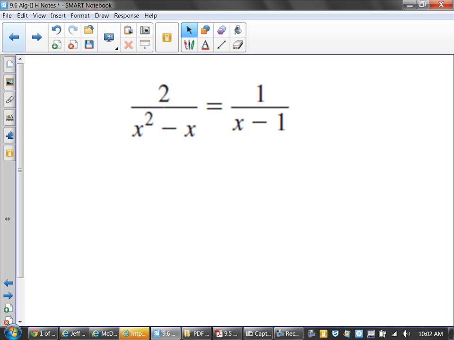Are you going to multiply by x plus minus 1? Did either of those solutions work? You didn't get any zeros, I think they both worked out.